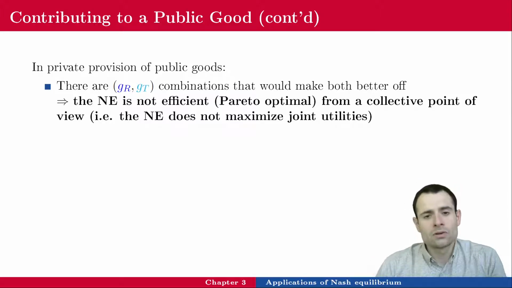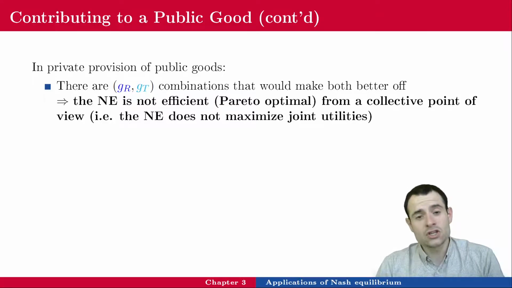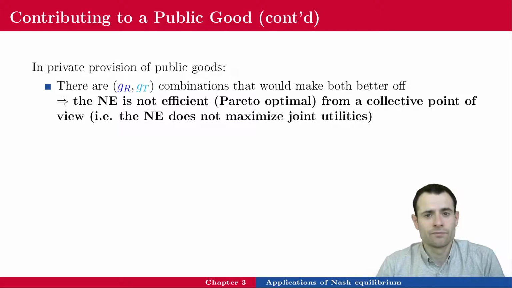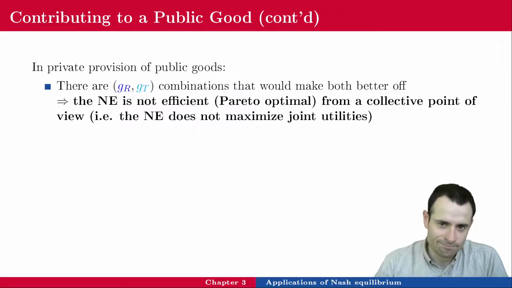An amount equal to G star, 8.25, is what is Pareto efficient. From here, from this Nash equilibrium, there is an allocation which makes both better off. The allocation where G star is equal to 8.25. However, the rules of the game are that they contribute individually.